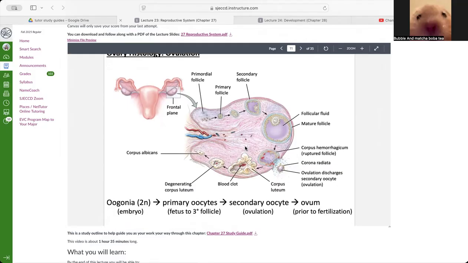So the structures that help move the oocyte towards the uterus would be the fimbriae of the uterine tube, which help direct the ovum into the fallopian tube. And the lining of the uterine tube is called ciliated simple columnar epithelium tissue.